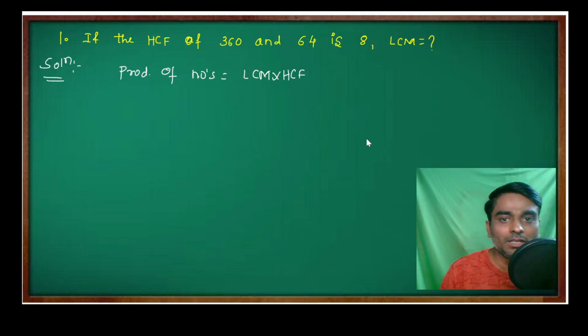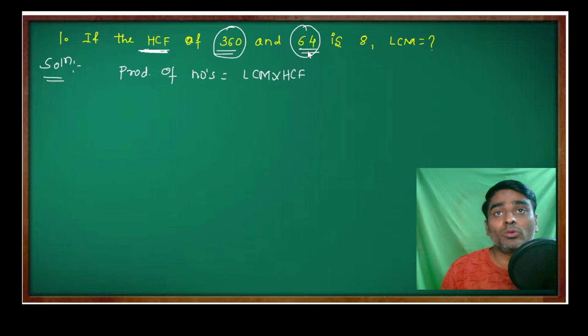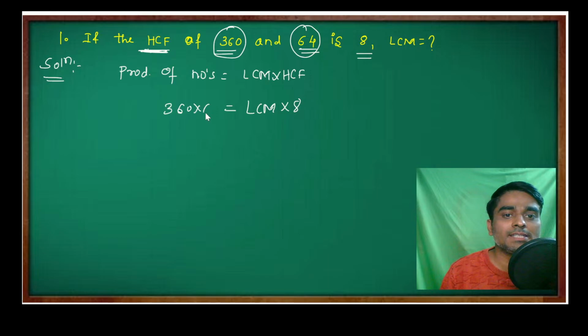They have given you two numbers, 360 and 64, and the HCF is 8. So I will write LCM into 8 on this side, and 360 into 64 on the other side.